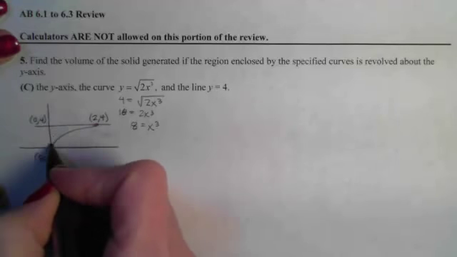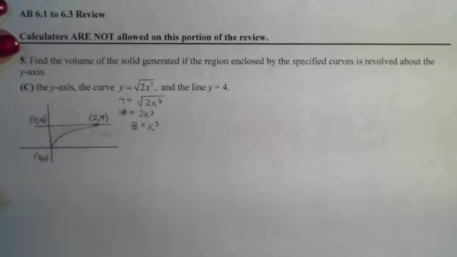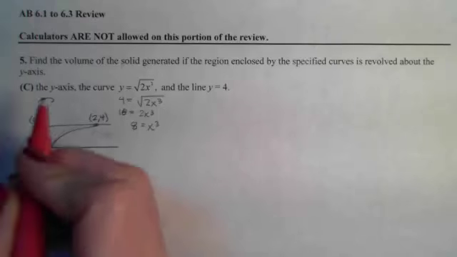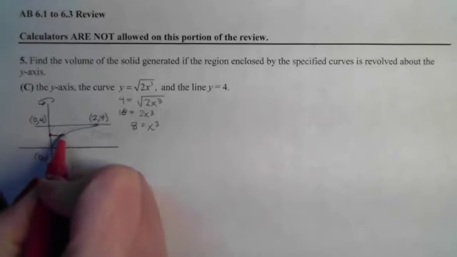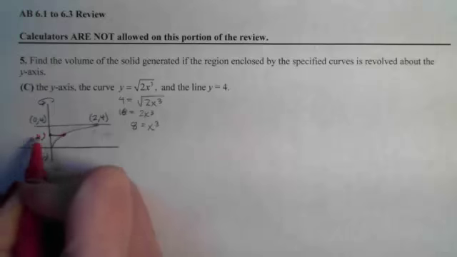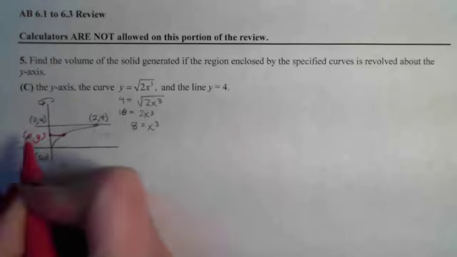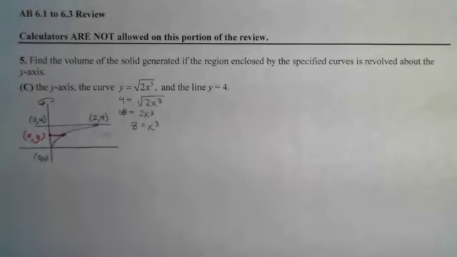So here's my region, and I need to be rotating about the y-axis. So my slice is going to be horizontal. They share a y-coordinate, so the x-coordinate on the left is 0, the x-coordinate on the right is going to come from isolating x on this curve.